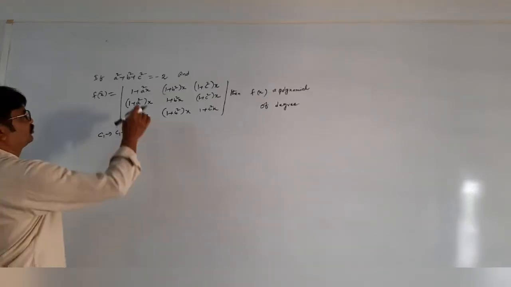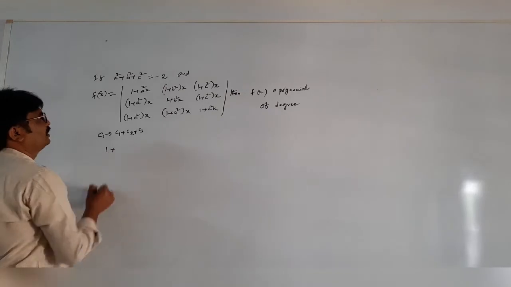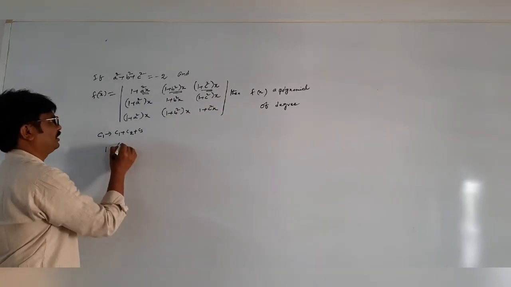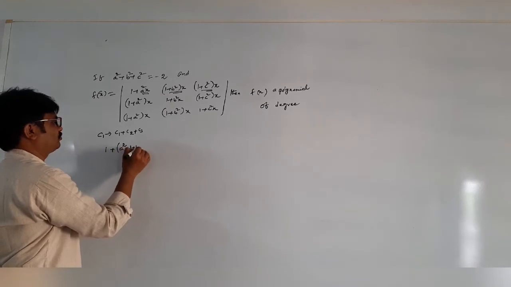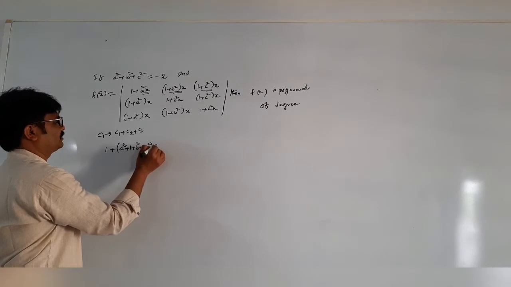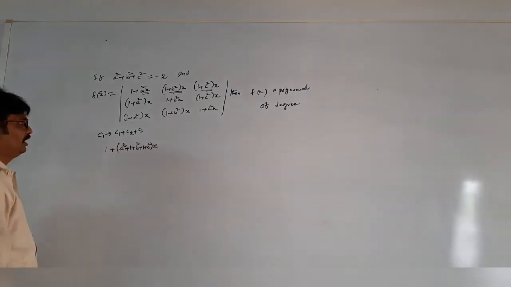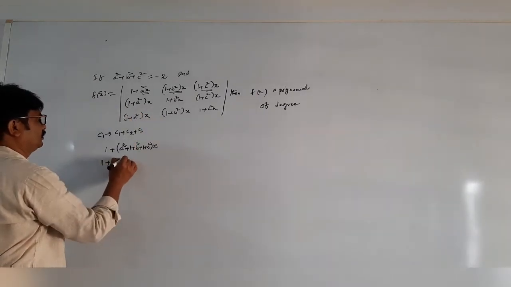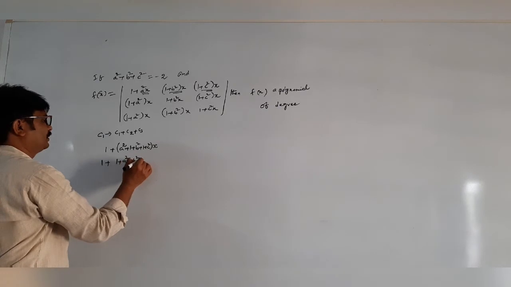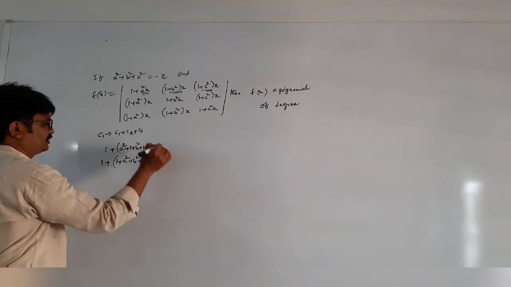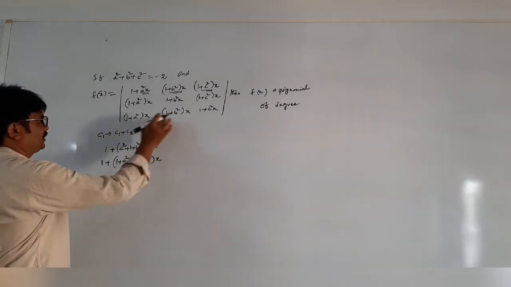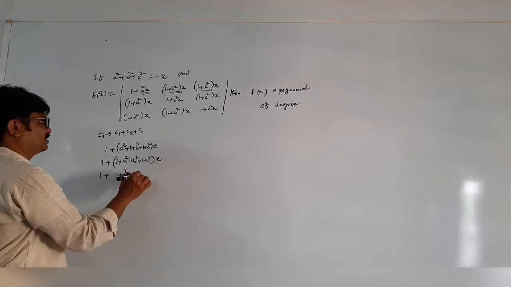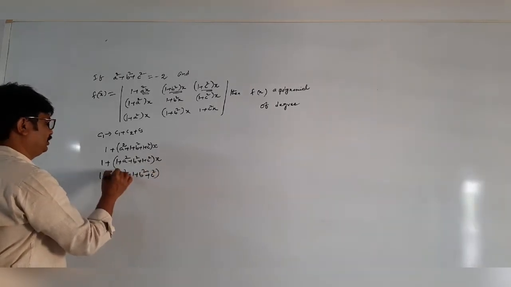All of you observe here, x is there, here also x is there, here also x is there. Therefore, x is common. So in the first column we get 1 plus a², 1 plus b², 1 plus c² into x, and similarly the other entries, 1 plus a² plus b² plus c² into x.